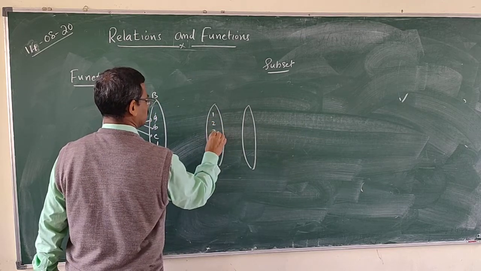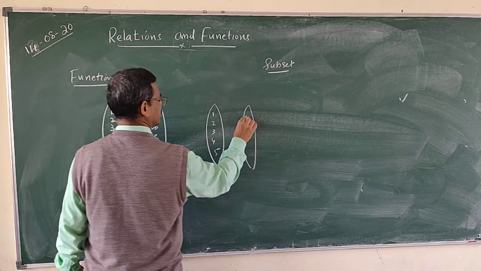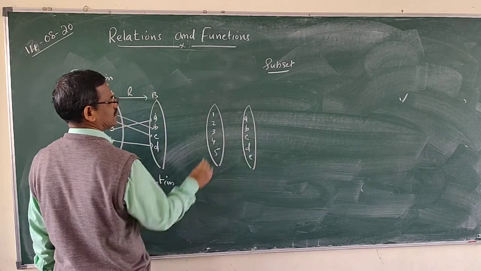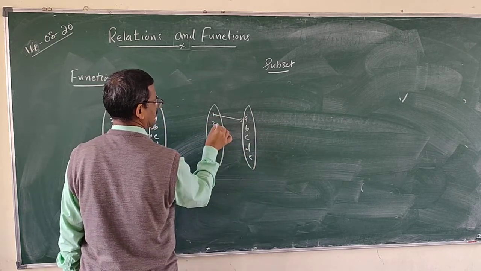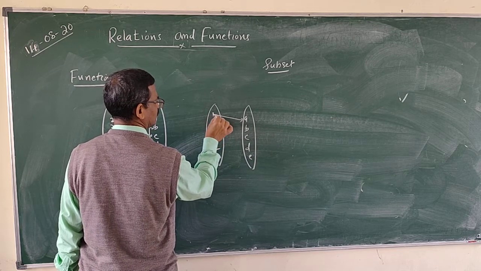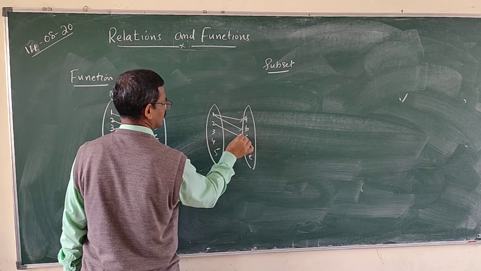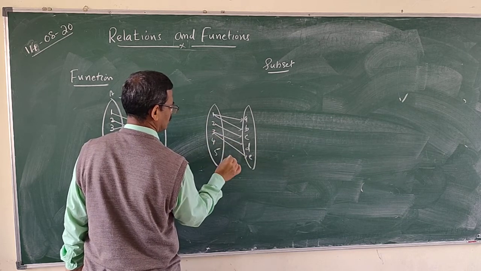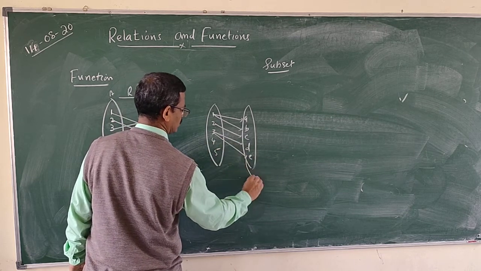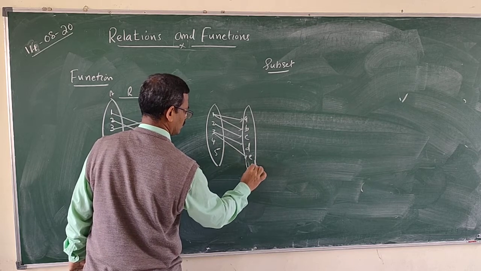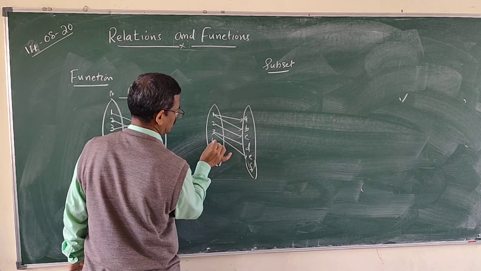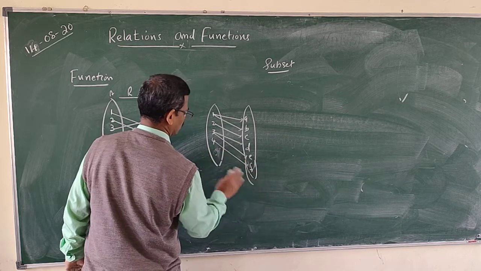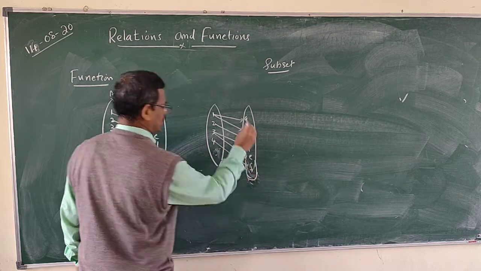Now see here, another one. 1, 2, 3, 4, 5 and A, B, C, D, E. Now see this.